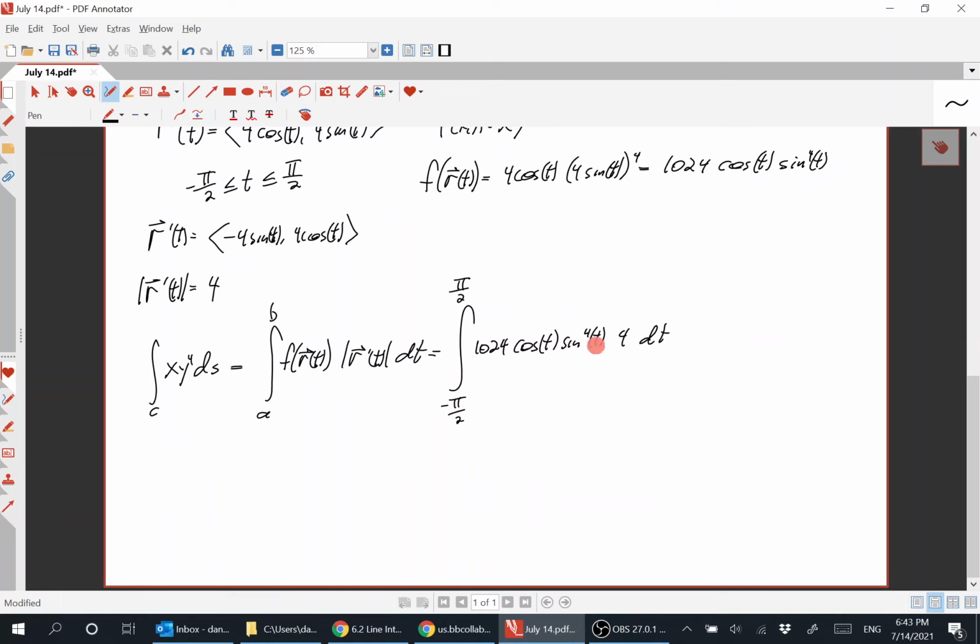So 4 times 1024 is 4096, times the integral from minus pi over 2 to pi over 2 of cosine t sine to the 4th t dt. How would we do this integral, this antiderivative? Does anyone see how that's going to go?